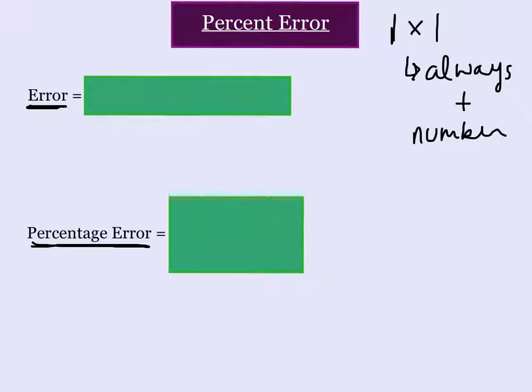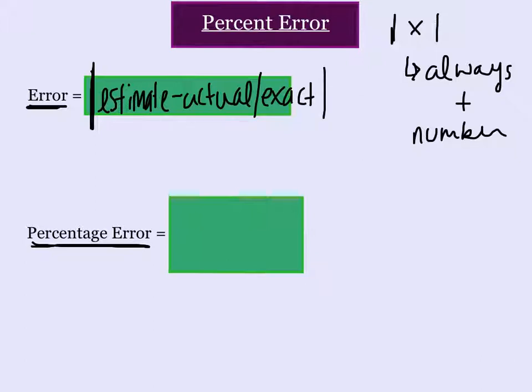So when we find our error, error is the absolute value of the estimate minus the actual, or the exact number. So absolute value of your estimate minus exact, or your actual, whatever you want to call it.